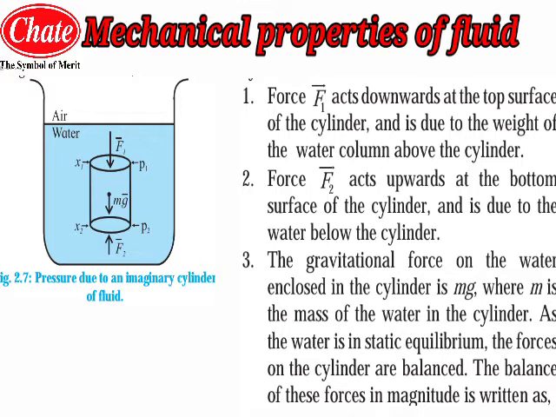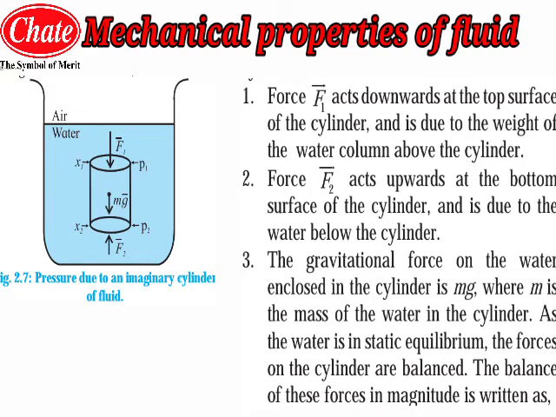So first of all we have to understand the three types of forces. F1 bar is at the top of that imaginary cylinder, which is caused by the water lying over the top side of the cylinder.